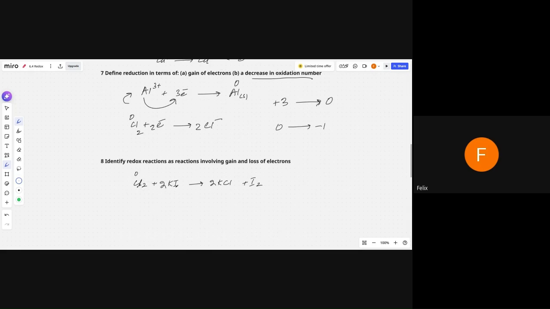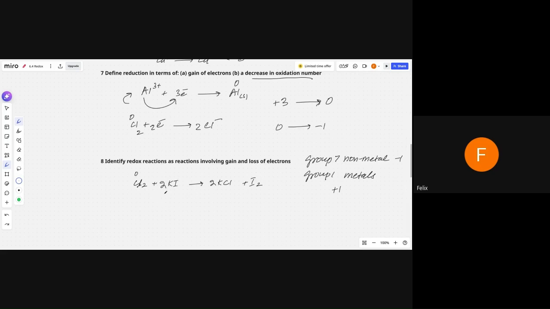Now we need to figure out the oxidation numbers of potassium and iodine in potassium iodide. Remember that group 1 metals always have the oxidation state of +1, and group 7 non-metals have the oxidation number of -1.